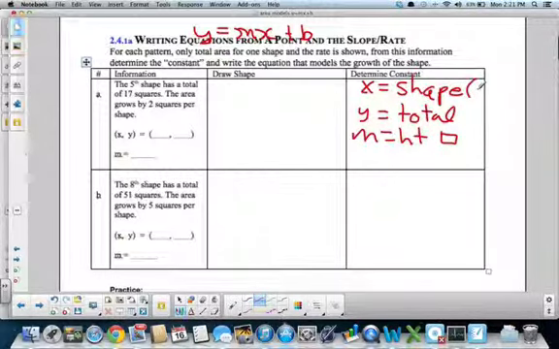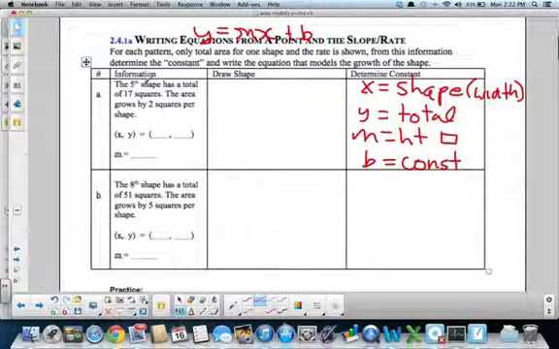And oh, by the way, the shape number is also the width of the rectangle. And b represents the constant. So we're going to be figuring out what b is in this case.